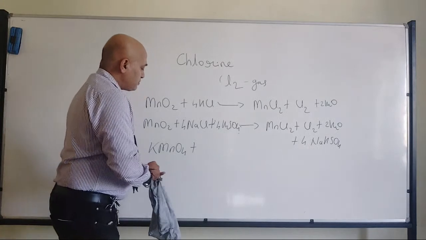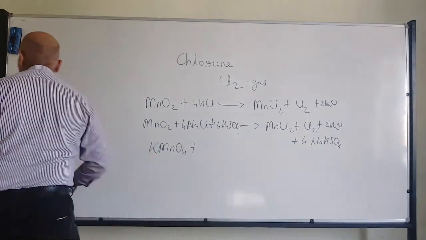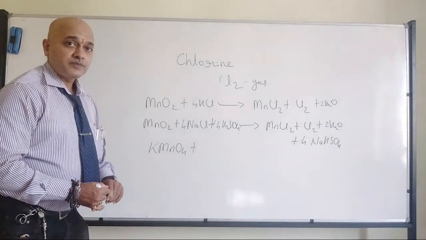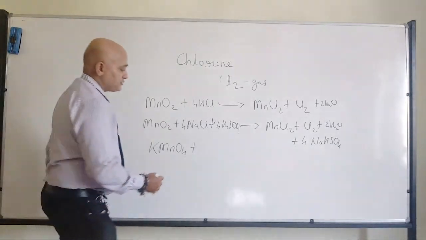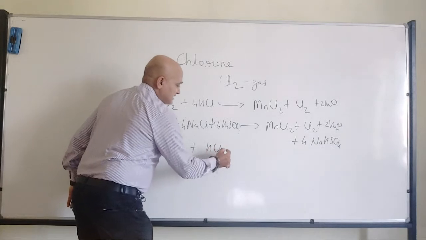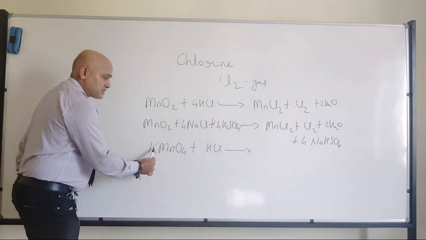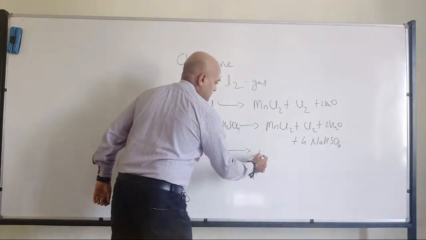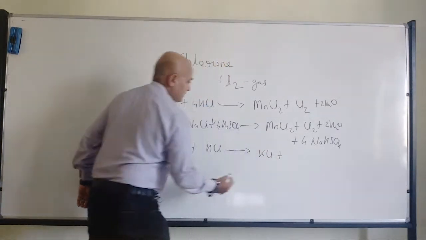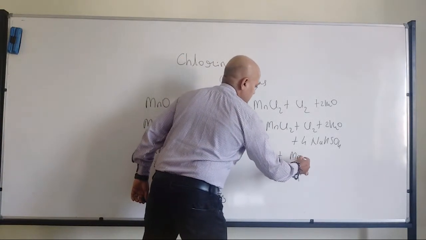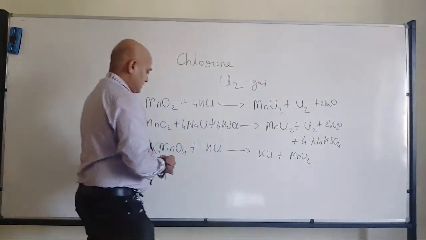Okay. So when it comes to potassium permanganate, can you tell me what should be there to give rise to chlorine? Naturally, it should be HCl. Now, positive, negative, that's where KCl, and MnCl2. Right?